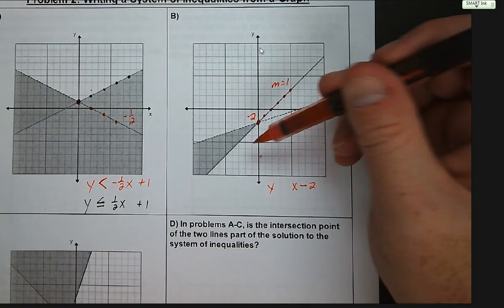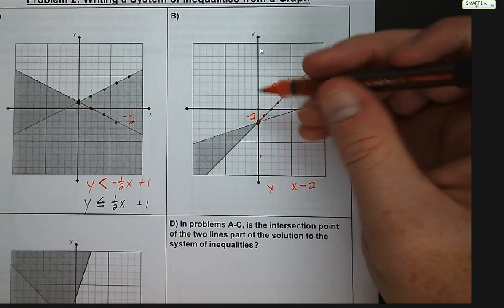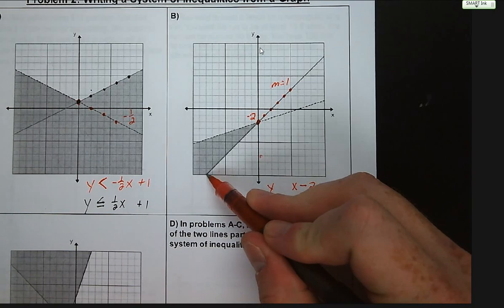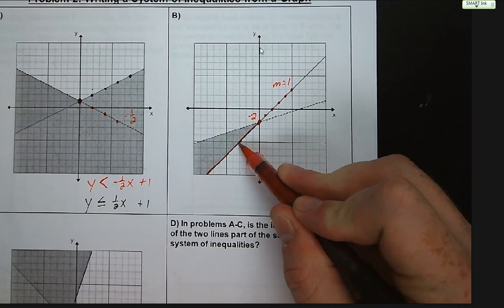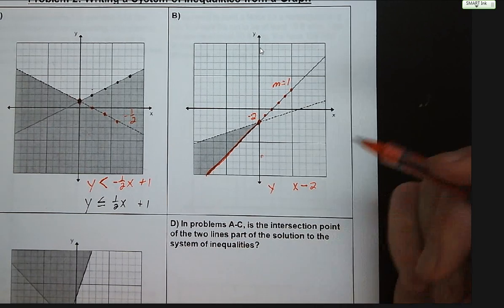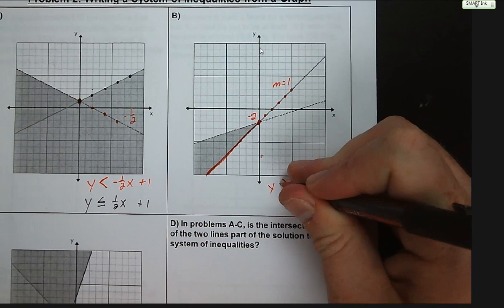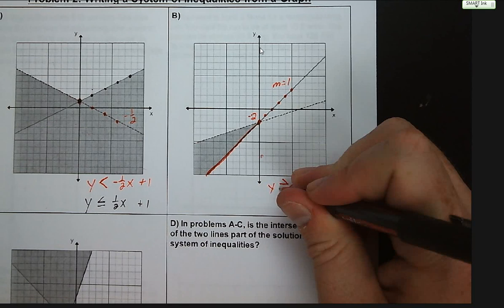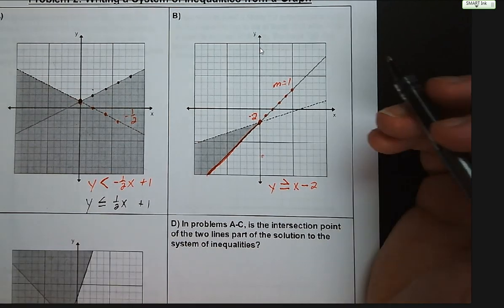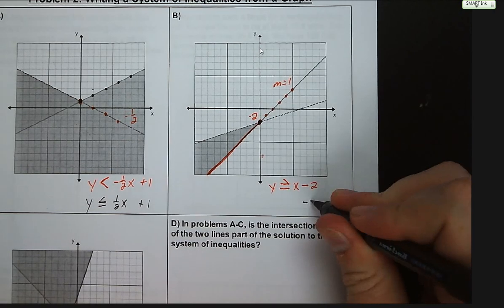Now we have to figure out where we are shading. If the region that's shaded here is just our overlapping region, I can see that it is above my solid line, because this is that first line. So I have to be shading above in order for it to be overlapping. So it's going to be y is greater than, and it's a solid line, so it'll be equal to. Now, the second line has the same y-intercept, so I can put a -2 right away.